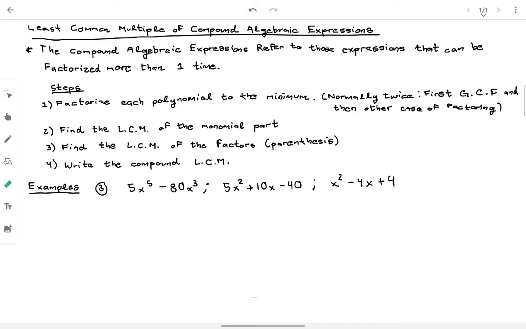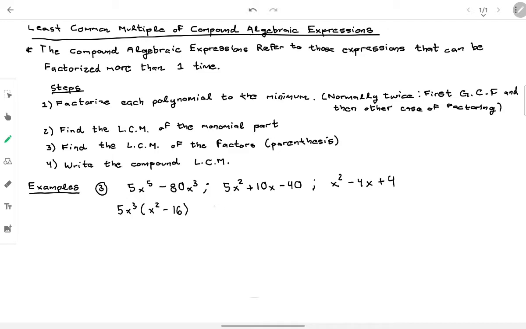least common multiple. So for the first one, I can take out as a common factor a 5x cubed, and it's going to be x squared minus 80 over 5, which is 16.